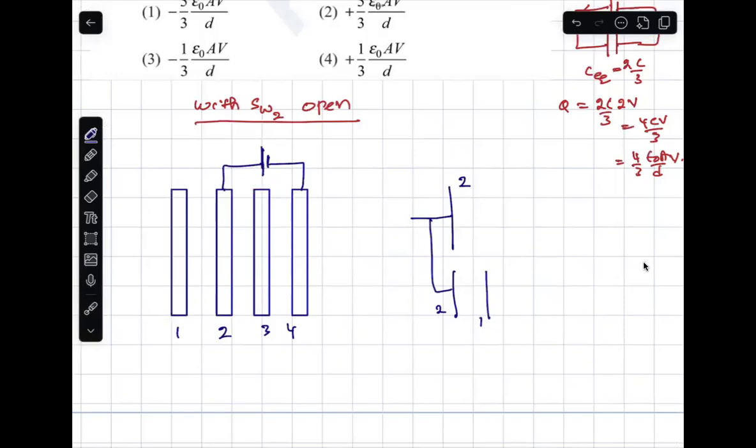Again 2 is facing 3. 3 and 4 are the same. One has nothing to do, nowhere connecting with any part of the circuit. Now 4 is facing 3. No, hold on 1 minute.